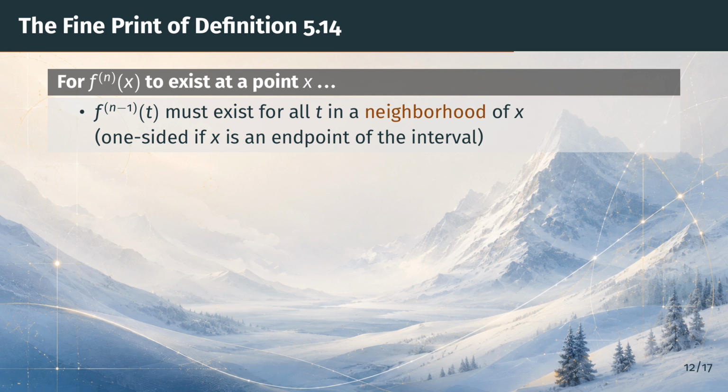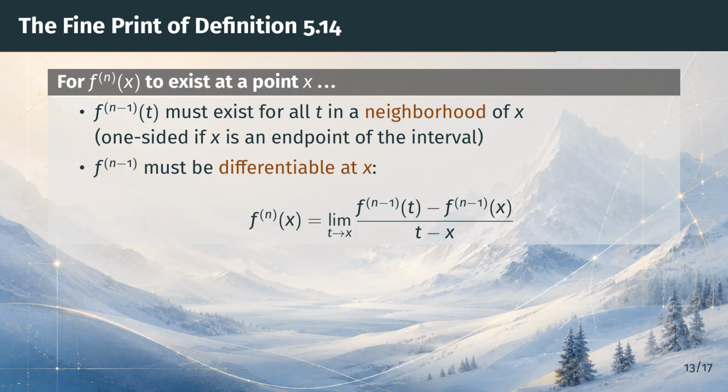If x is an endpoint of the interval on which f is defined, a one-sided neighborhood is enough, and there is a second requirement. The second requirement is the obvious one. Once the derivative of order n minus 1 exists near x, it must actually be differentiable at x. The displayed formula spells this out.